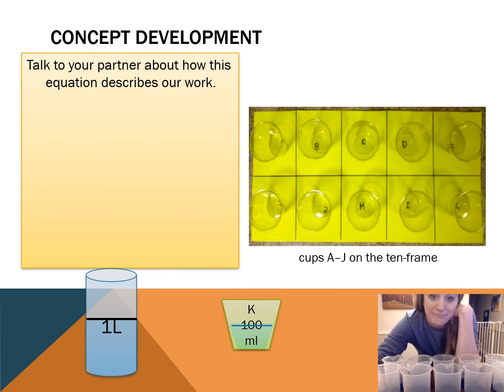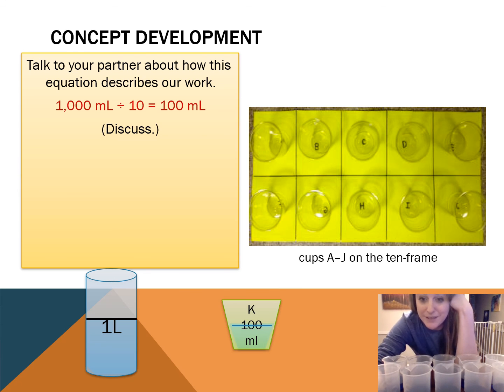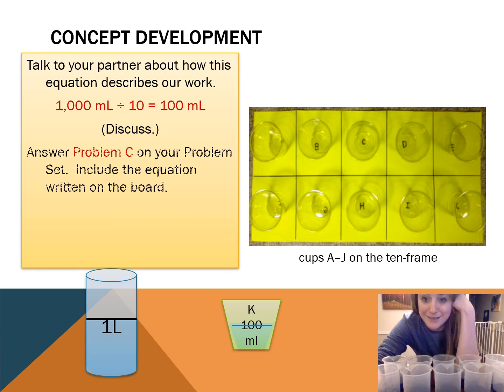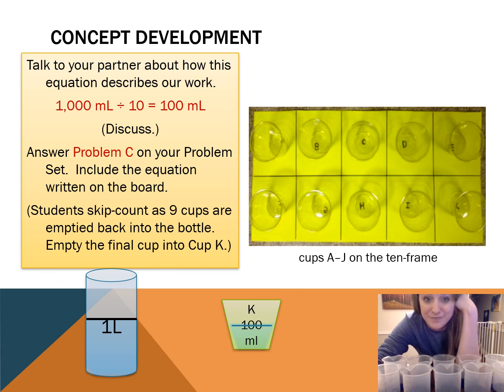So, let's think about an equation. 1,000 milliliters divided by 10 equals 100. Why does this make sense? Now, you can answer that on your problem set. You can include the equation written. I will also be sharing a sample sentence of this answer on your slide.